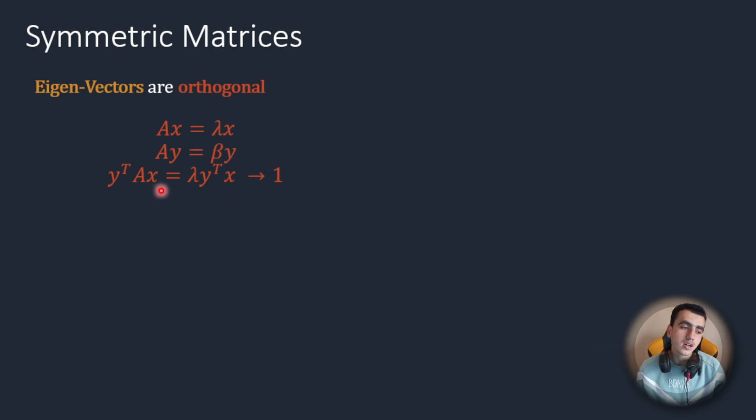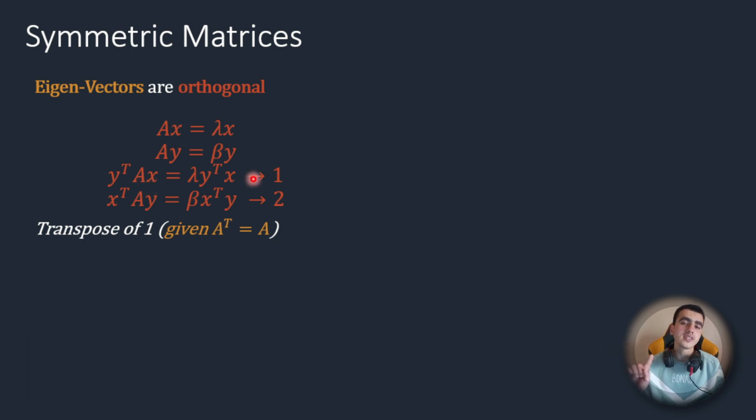And we are here multiplying y transpose by the first equation and x transpose by the second equation. Okay. And after that, we are taking the transpose of equation number one. So transposing a vector-matrix-vector product will be swapping their order.